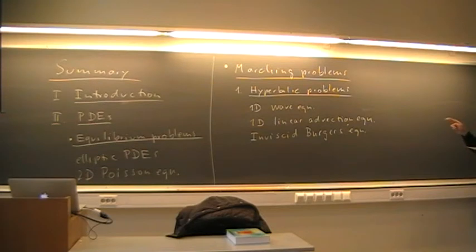Also here it is important to know about the characteristics. There the slope is given by u, the unknown variable itself, which can be positive or negative. So that is also determining the boundary conditions there.